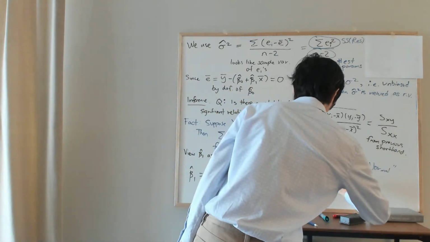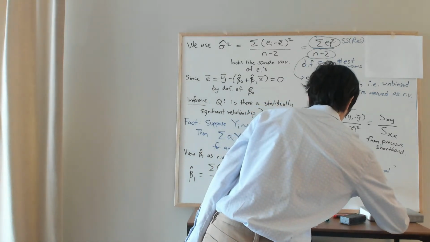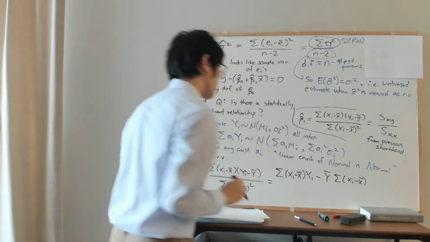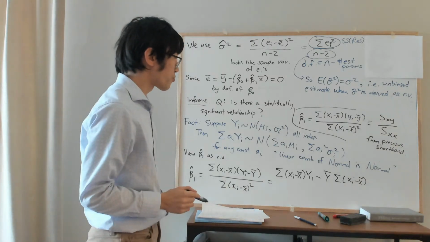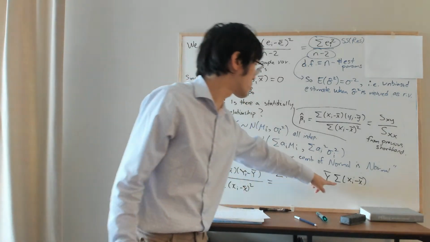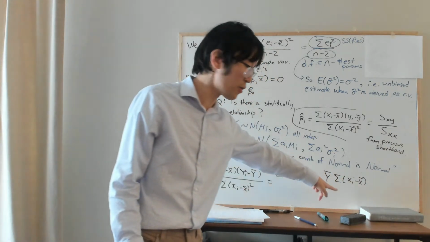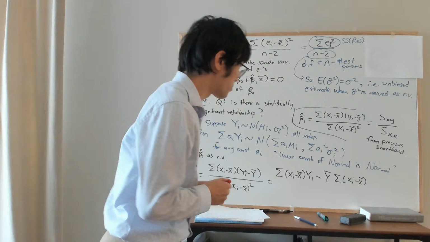So I have y bar times the summation of xi minus x bar. The reason for doing so is that, and you should convince yourself of this, by definition of x bar, this summation of xi minus x bar is 0.